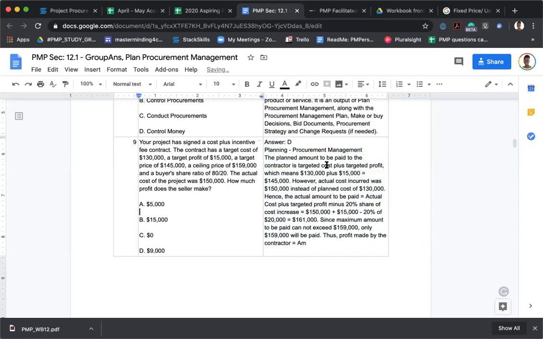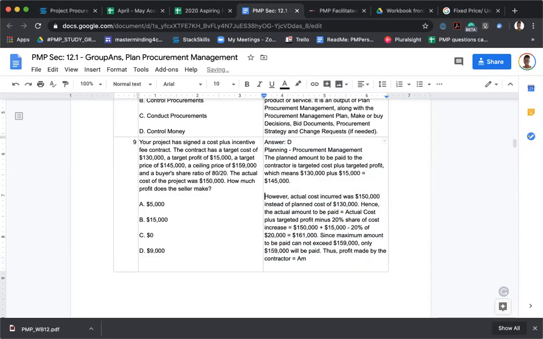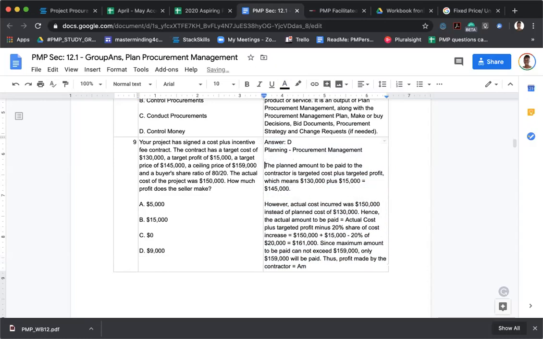Okay, so 130, we got that much. Amount to be paid is 130 plus 15, 145. Cost plus 50.